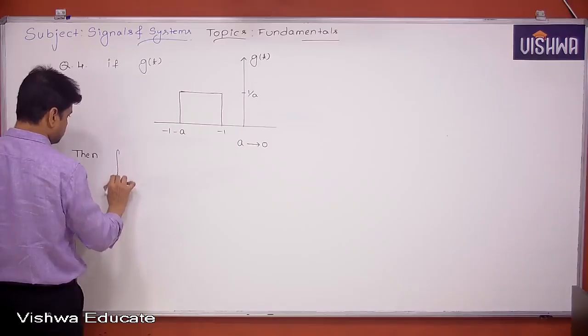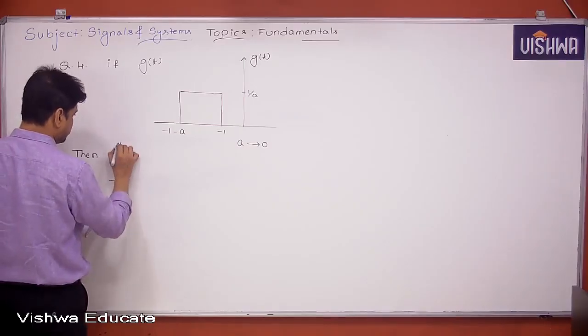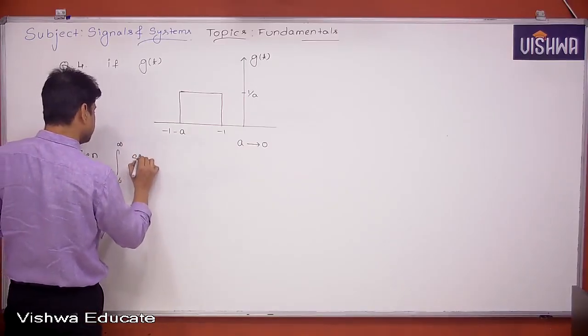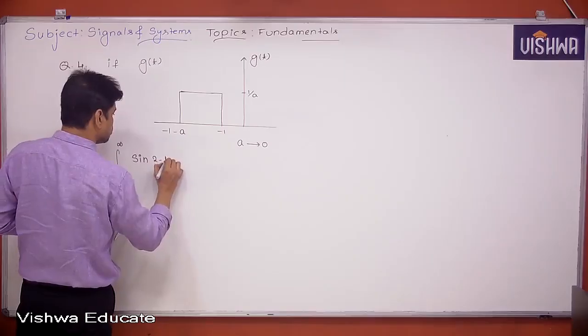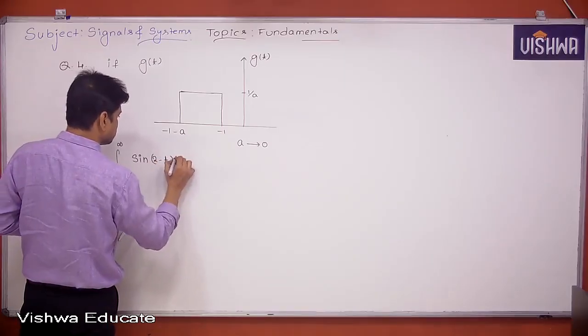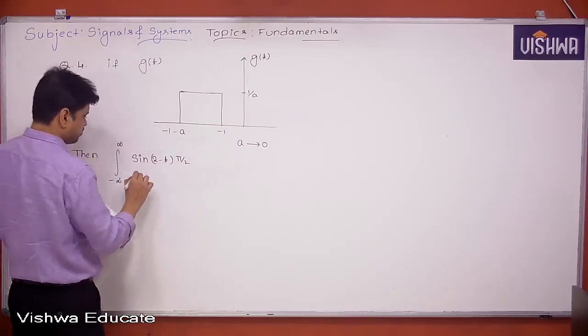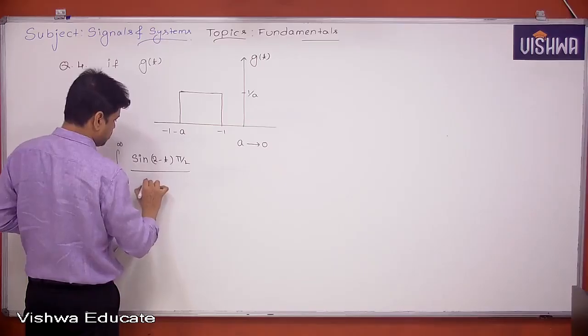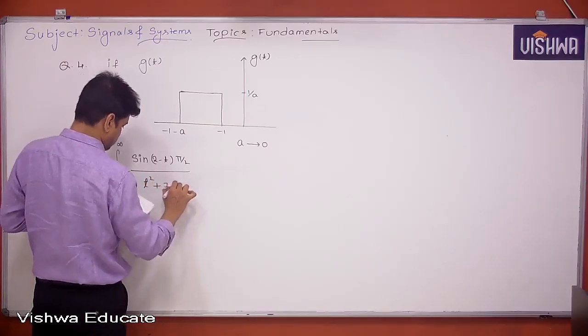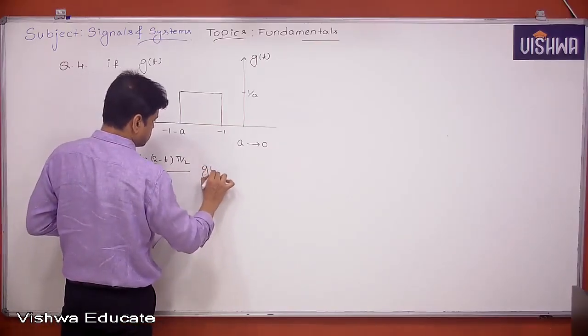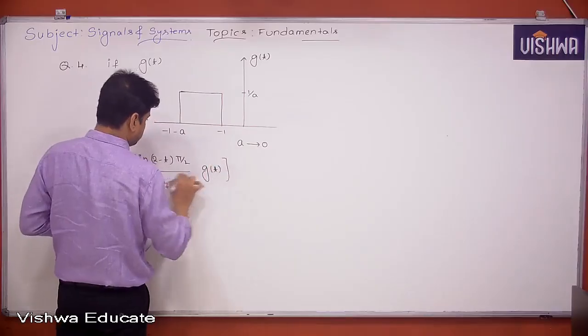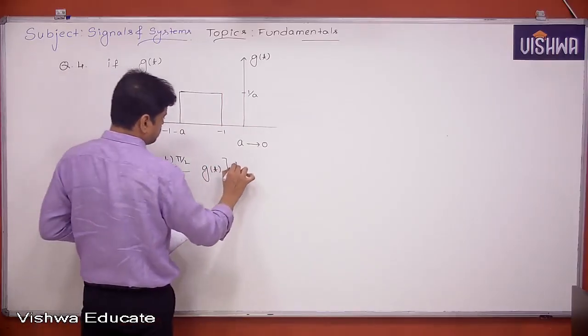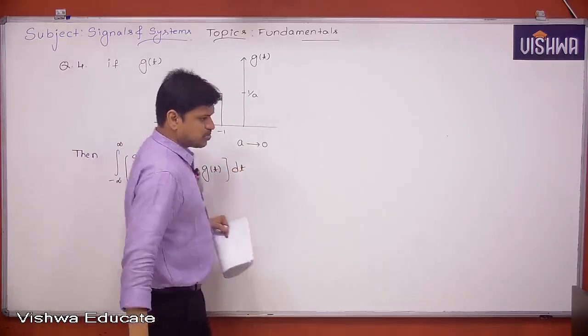Then integral from minus infinity to infinity of sine of (2 minus t) pi by 2, divided by t square plus 7, times g of t dt. What can this value be?